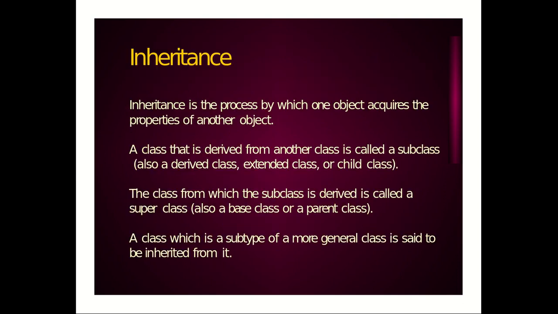Another feature is inheritance. Inheritance is a process by which one object acquires the properties of another object. That means we define classes with data members and member methods, and those properties are acquired by another object.